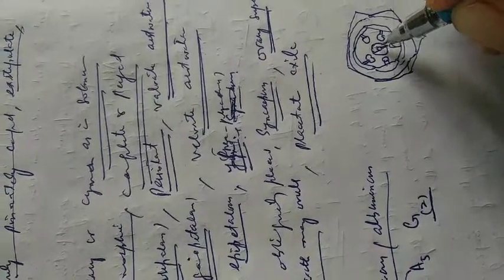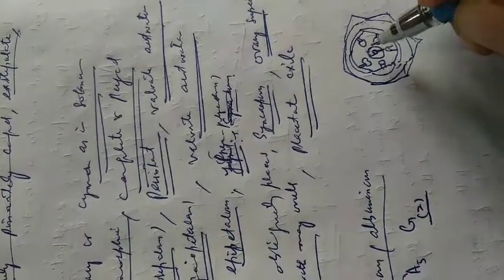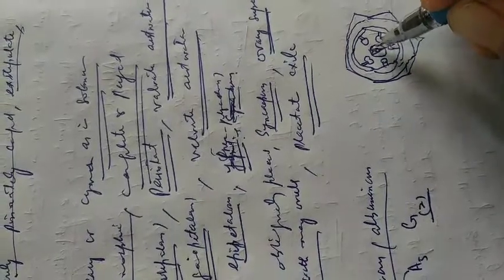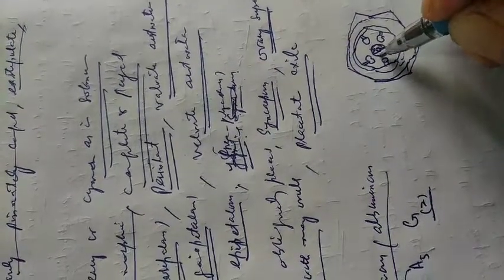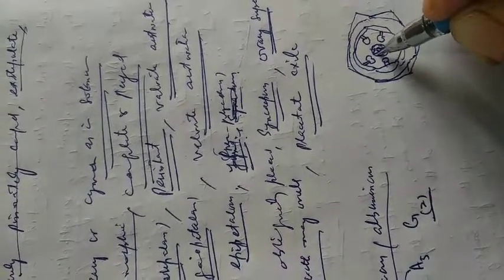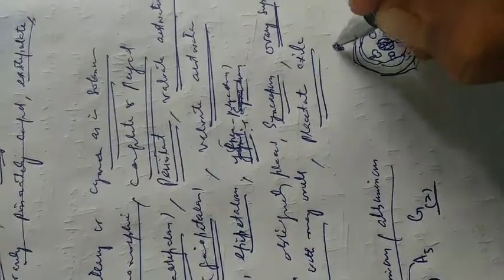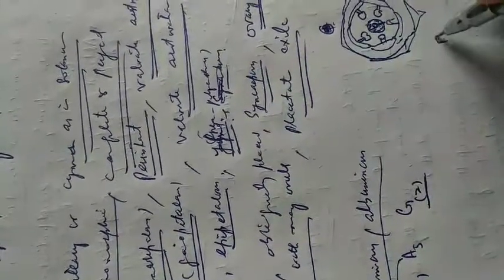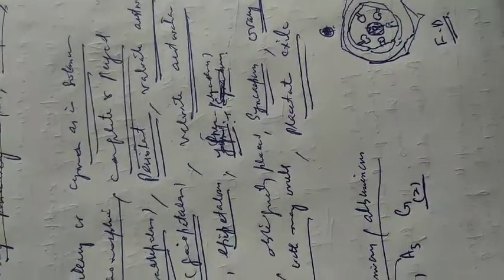These are two carpels, but they are united, with many ovules. This is the floral diagram of family Solanaceae.